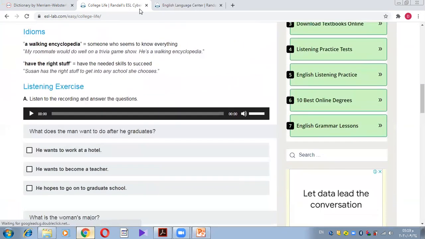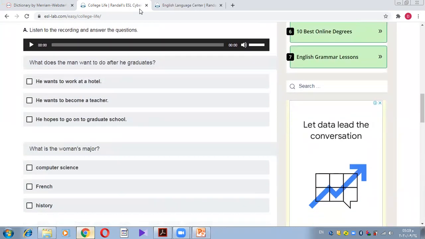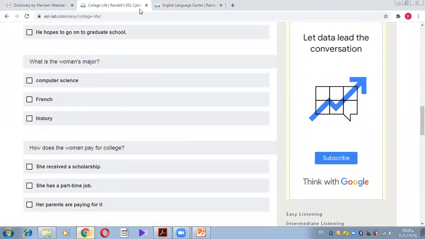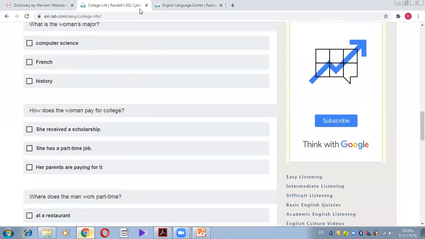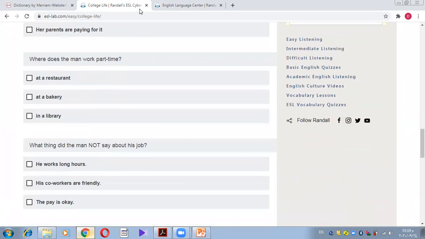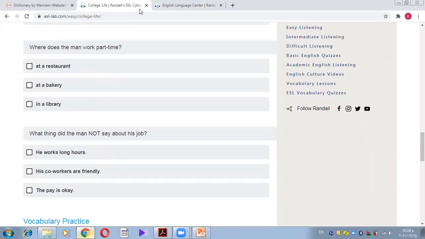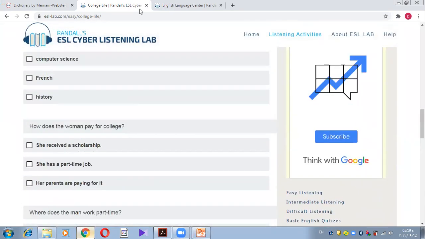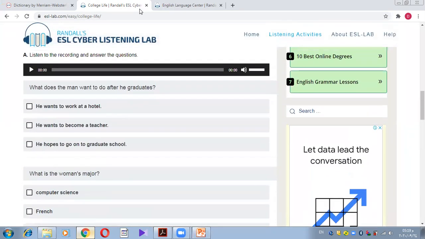That's the first one. Have a look at the questions. What does the man want to do after he graduates? What's the woman's major? How does the woman pay for college? Where does the man work part-time? What thing did the man not say about his job? Listen and try to answer these questions, please.